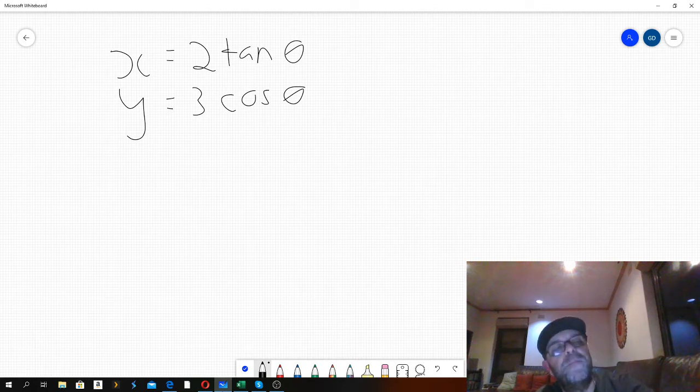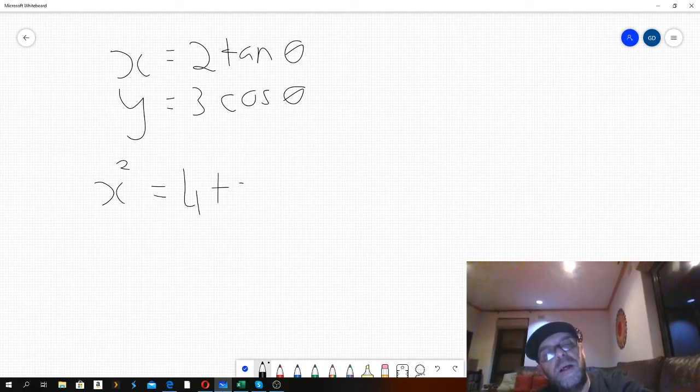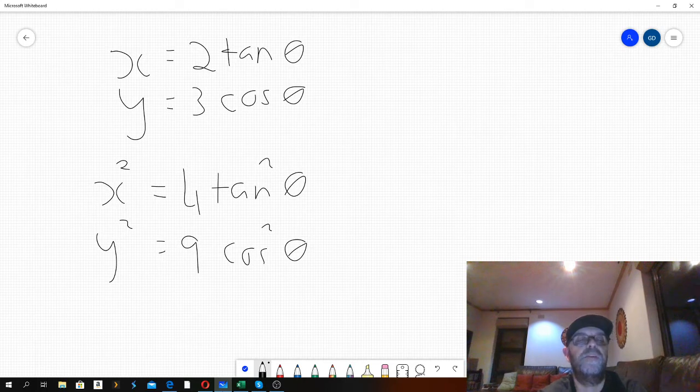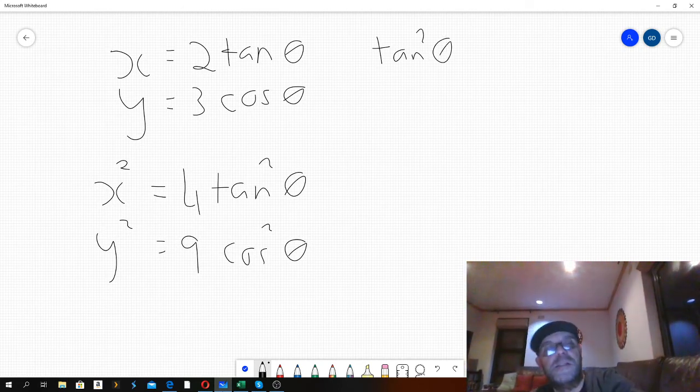So if I square, I'm going to get x squared is equal to 4 tan squared theta, and y squared is equal to 9 cos squared theta. Now I can write that tan squared is simply x squared over 4.